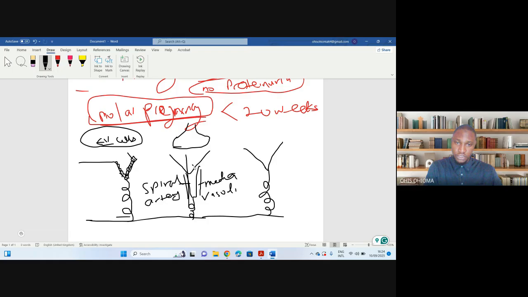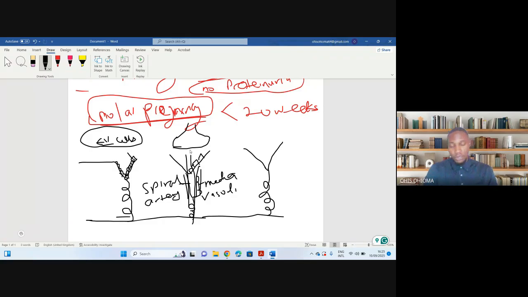So these extravillous cells invade the media of the spiral artery, and they cause vasodilation. That's what they are supposed to do in normal pregnancy. And the vasodilation is meant to take a lot of blood from the maternal circulation down to this lacuna and to the fetus and the placenta. That is what is normally supposed to happen in pregnancy.